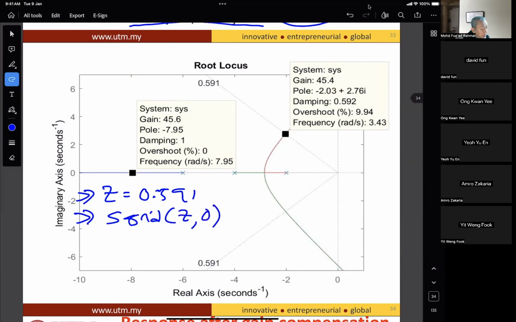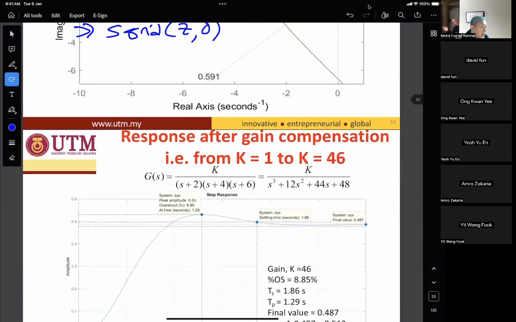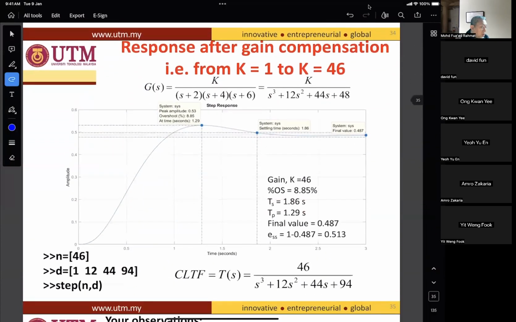Then enter. So the computer will give you this line, the zeta line. So this is the response when K equal to 46, the closed loop.